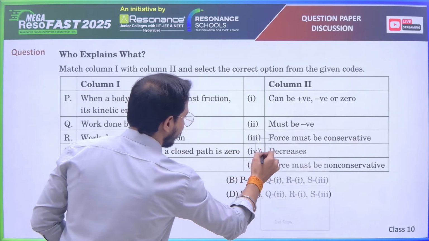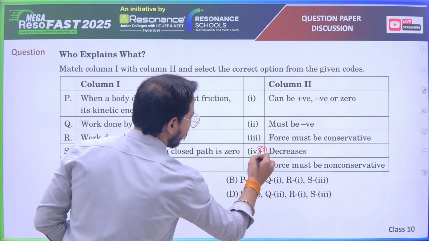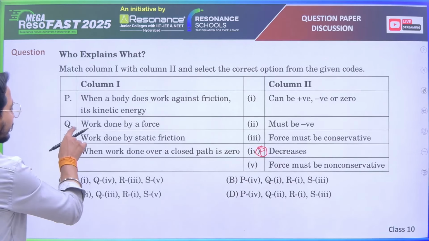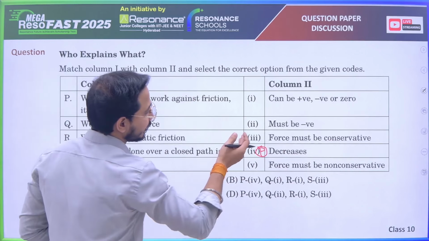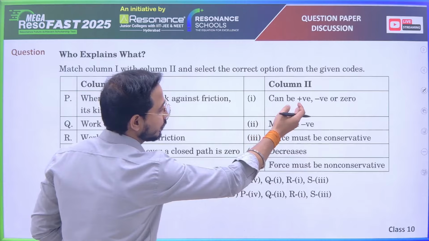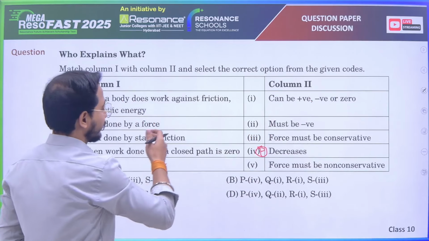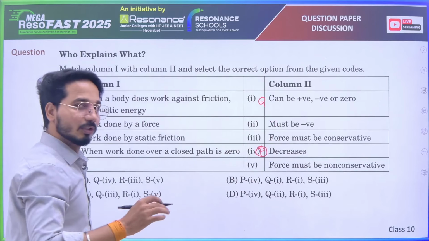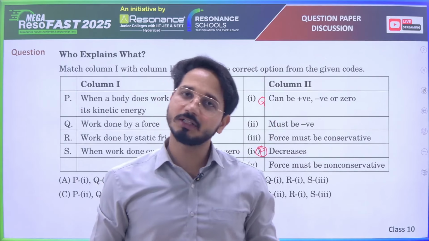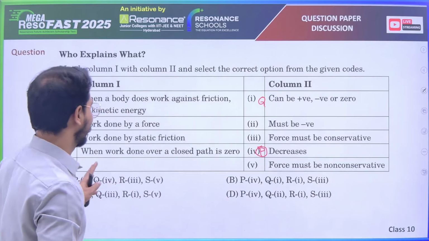So this will be for P, decreases. Again, work done by a force can be positive or negative or 0, right? So this is matching with Q: work done by a force can be positive or negative or 0. It's matching, right?